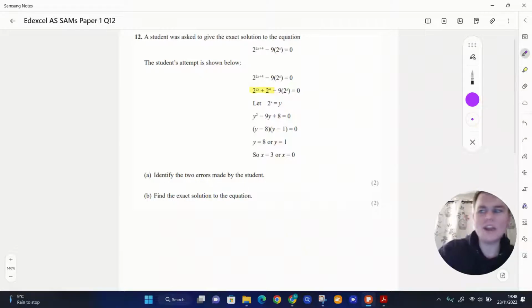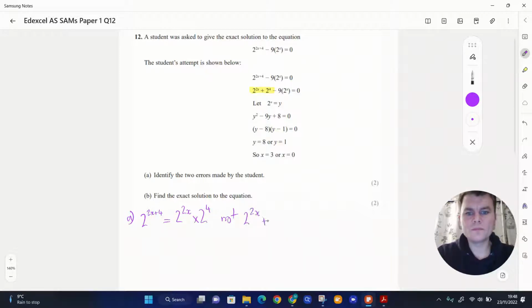So your first error that we've seen is quite simply 2 to the 2x plus 4 should equal 2 to the 2x times 2 to the 4. So that's your first mistake.